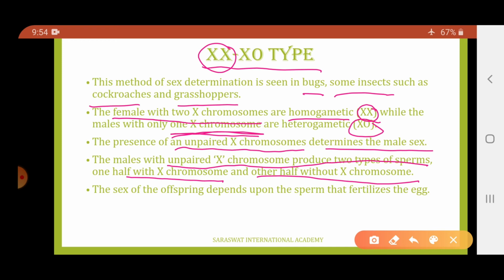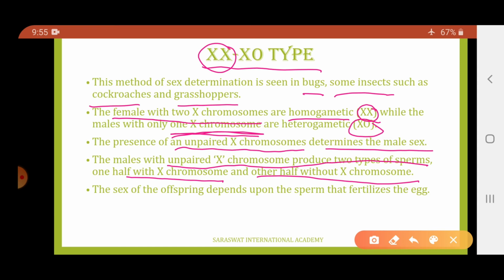Now the sex of the child or sex of an offspring, it depends upon what? The sperm which fertilizes the egg, because all the eggs will be homogametic, that is, all the eggs produced by the females will have the X chromosome. So it is the sperm which will decide the sex of an offspring.